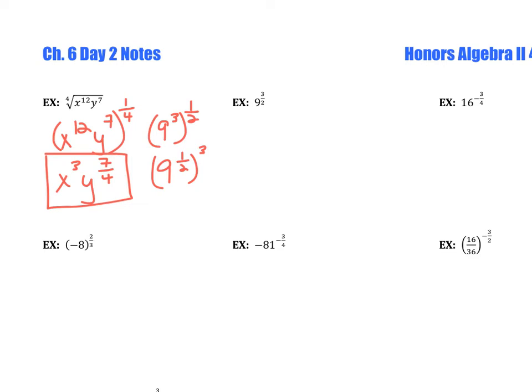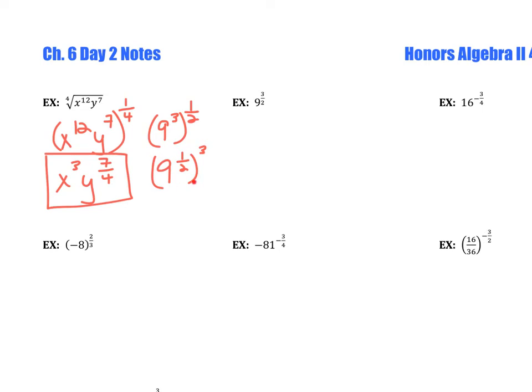Well, here's the thing. Without a calculator, on this first one you would have to take 9 and cube it and then take the square root of it. This one is saying we're going to take the square root of 9, because 9 to the 1/2, remember, means the square root. So we would be taking the square root of 9, whatever that is, and then cubing it. In other words, this one makes the number bigger first and then smaller. This one makes it smaller first and then bigger.